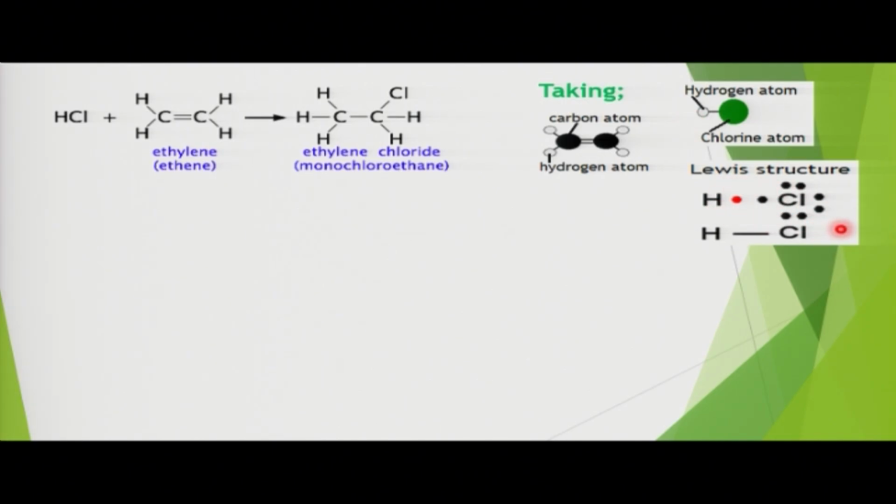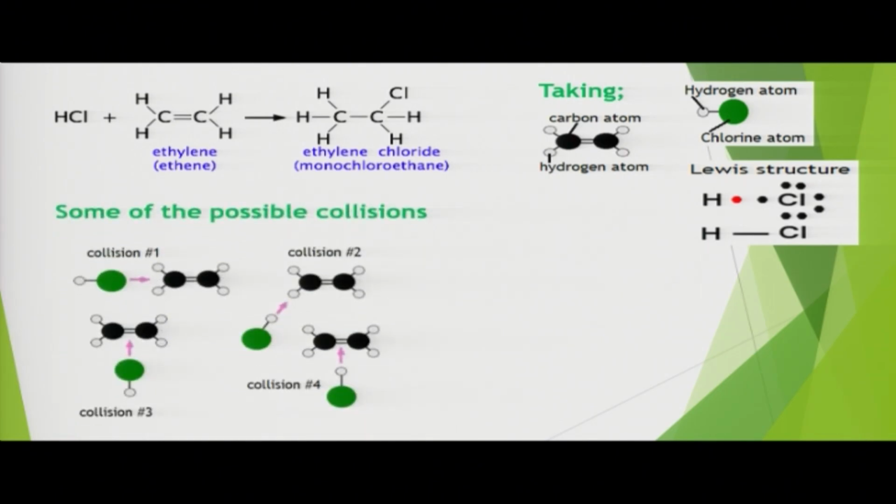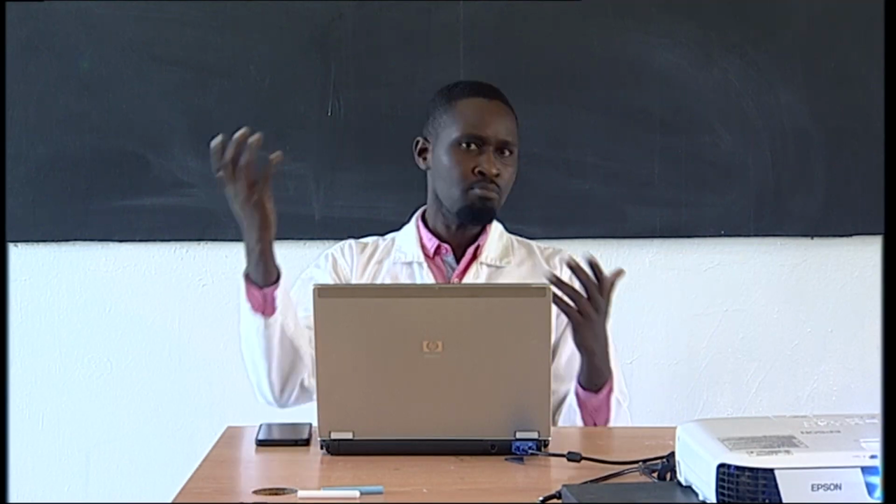The purpose of bringing it in is to show you the lone pairs of electrons on chlorine. Now, let's see the possible collisions that would occur between these two molecules for them to form this product. There are basically 4 possible collisions and some more.